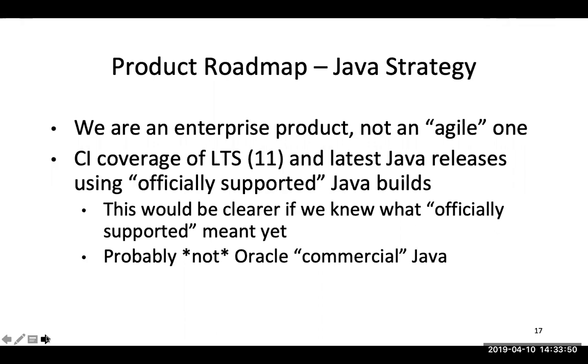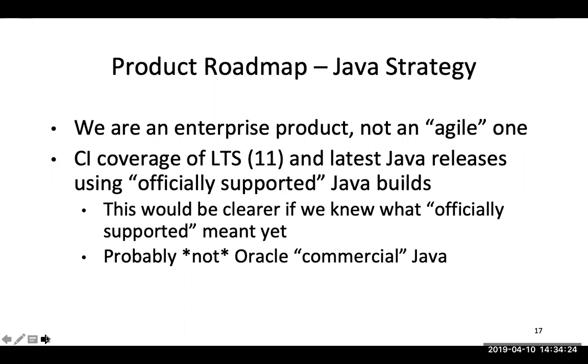But what it does mean is that our focus right now is probably going to be on various variants of OpenJDK as the primary Java that we're going to test. But aside from the window that Oracle provides a build of OpenJDK themselves, we don't yet have a firm answer about exactly which versions of OpenJDK we're planning to officially support going forward, and that will in turn obviously drive what we focus our CI testing on once we make those decisions.